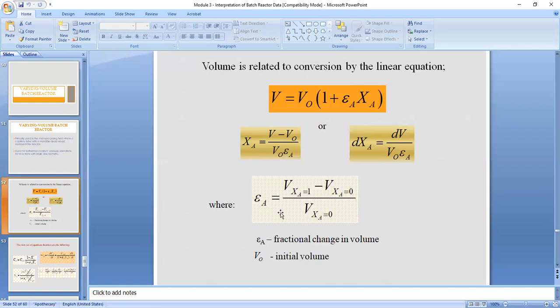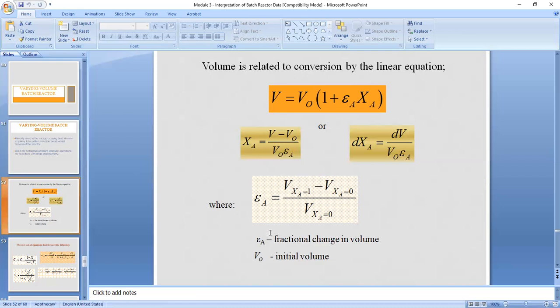We take the volume when everything is converted, when all your reactant has been converted, on the assumption that you have 100% conversion, minus the volume at zero conversion, which is equivalent to your initial volume. So the final volume at 100% conversion minus the initial volume over the initial volume gives you the fractional change in the volume, which is epsilon A.